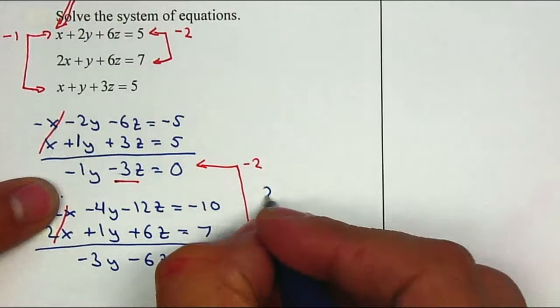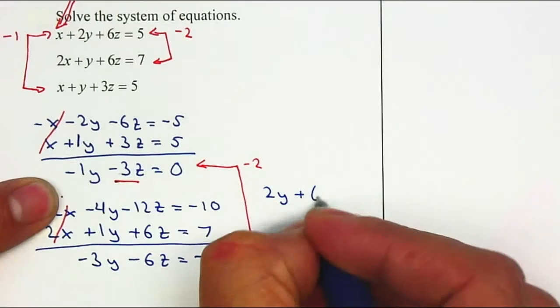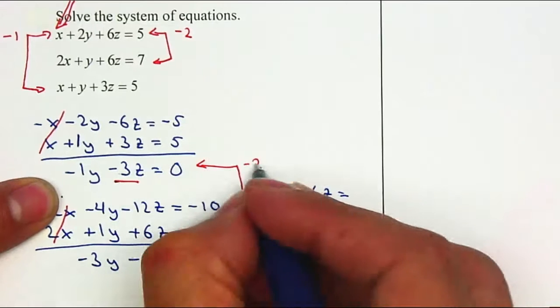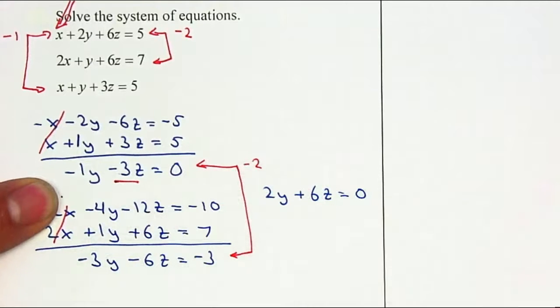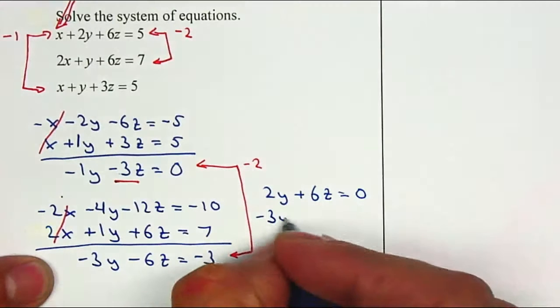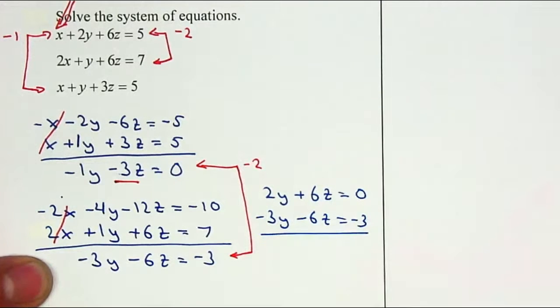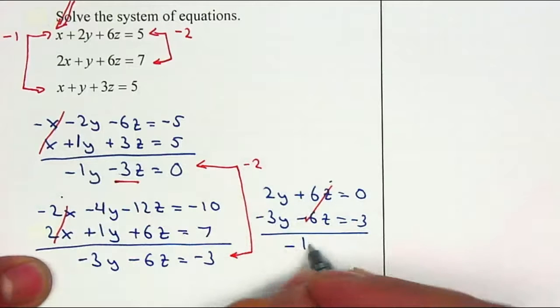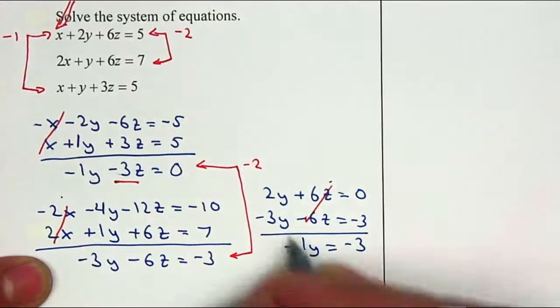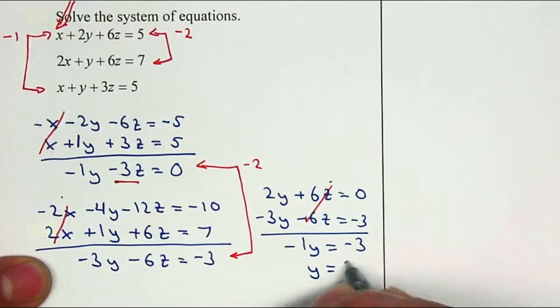That gives me a 2y plus 6z, and -2 times 0 gives me 0. Last equation, or the bottom equation, stays the same. The z's cancel, and that will give me a -1y is equal to -3, or y is equal to +3.